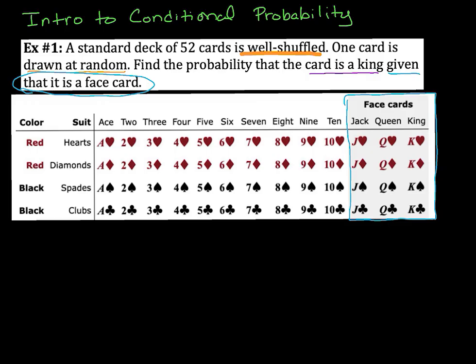So we're going to have the probability of a king given a face card equals, so I'm going to color code this. So how many kings are there in the world of face cards? There are 4.